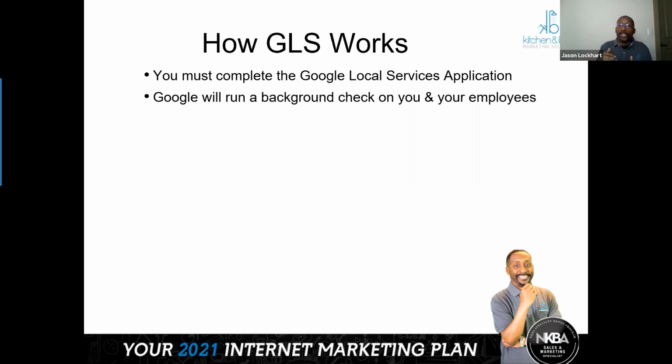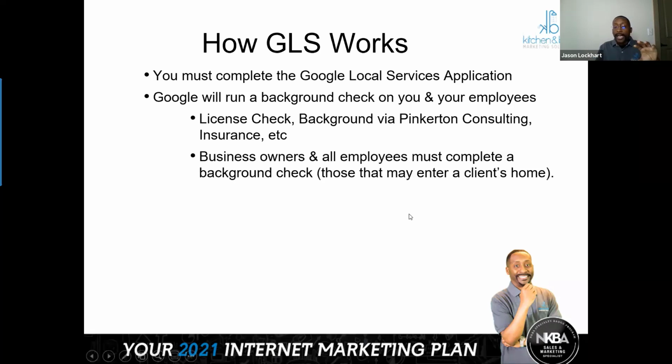They're also going to look at insurance, specifically the professional liability, to make sure you have enough to cover the services that you offer. They want to make sure that when they give you the Google Guarantee badge, they've actually vetted your company. That's why the process takes about a month.